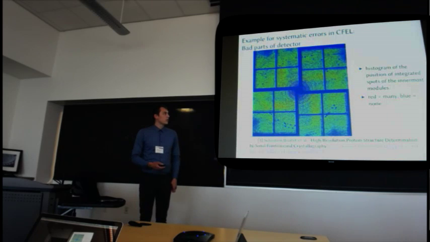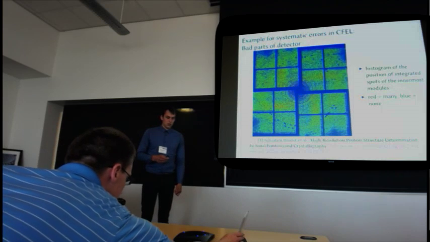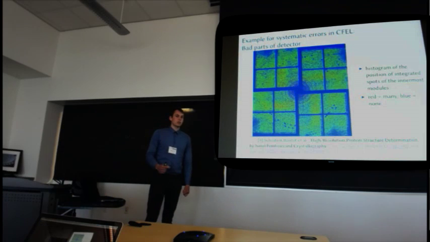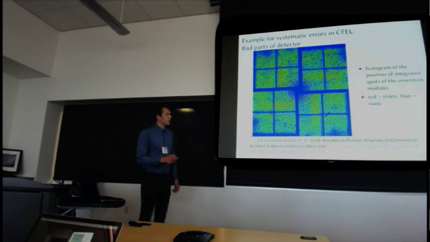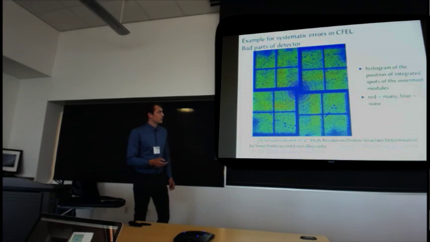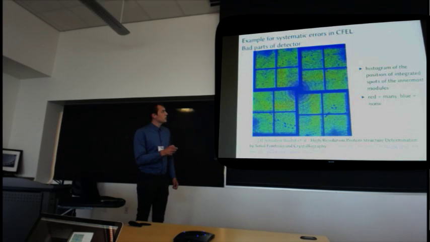So this is just an example. This is a histogram or heat map of the significantly positive intensities and the positions on the detector. So you can see here something like a powder pattern. This is what you would expect. But you can also see those spots.